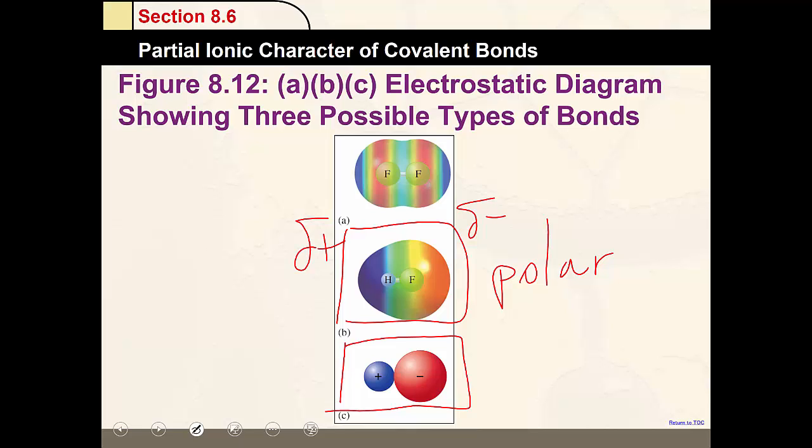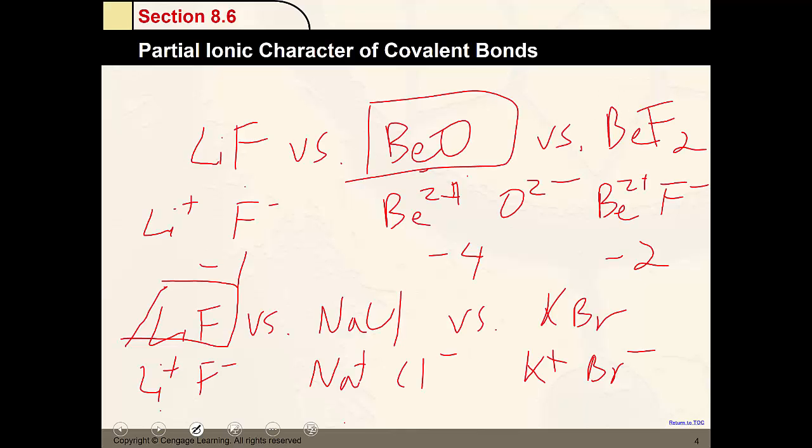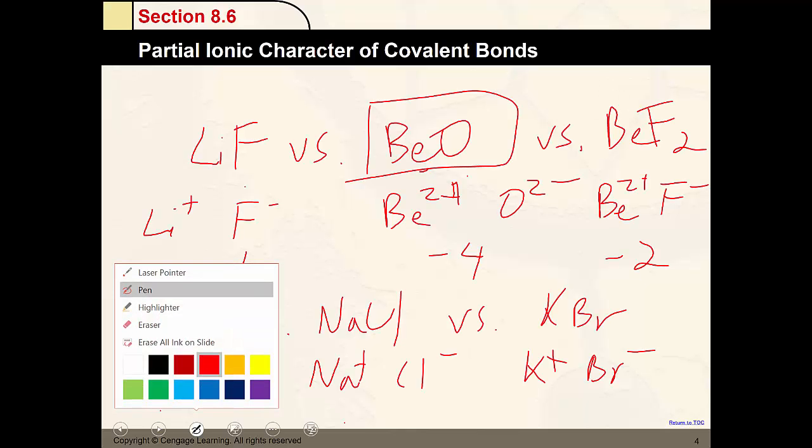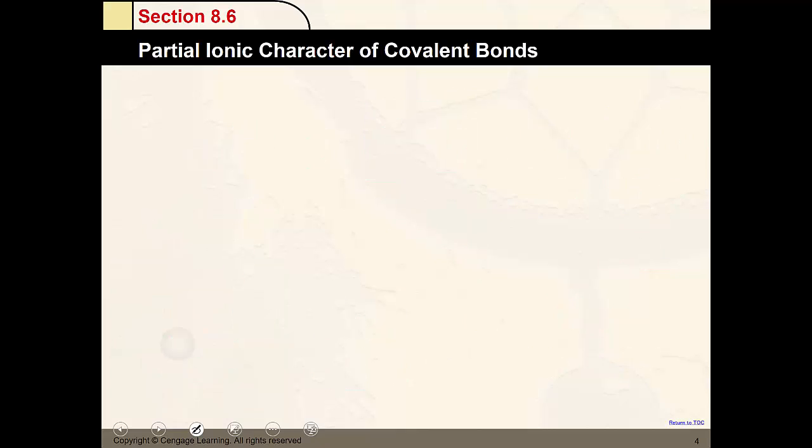And the partial negative charge always goes with the atom that has the higher electronegativity, and then we have pure covalent compounds in which that electronegativity is the same, and those are normally diatomic molecules. But even though we go from pure to polar to ionic, no bond reaches 100% ionic character.